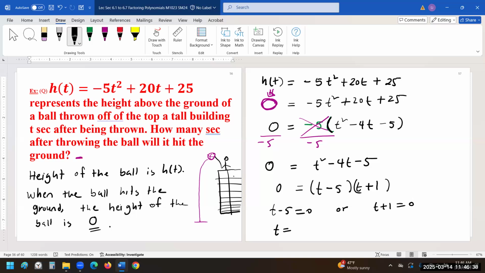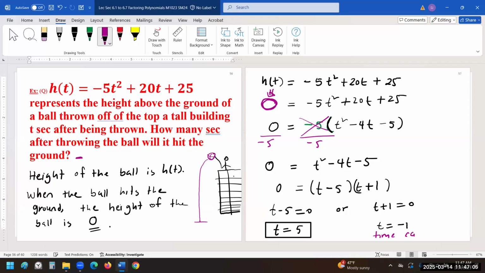So what's the first t? 5. And what's the second t? Negative 1. Is there anything wrong with the solution? Which one? Negative 1.